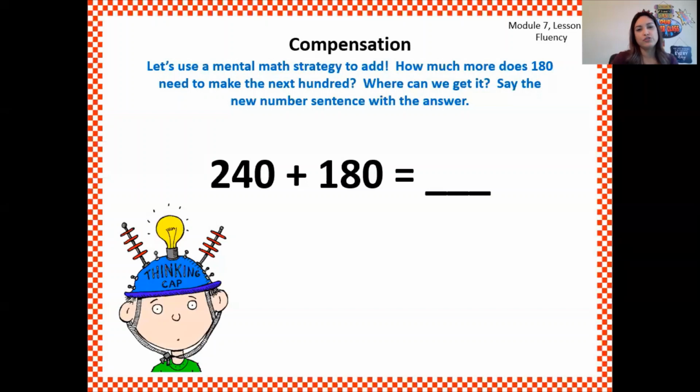And if we give those 20 to 180, what does 180 have now? 200. So my new number sentence is 220 plus 200. And my answer is 420. Very good.